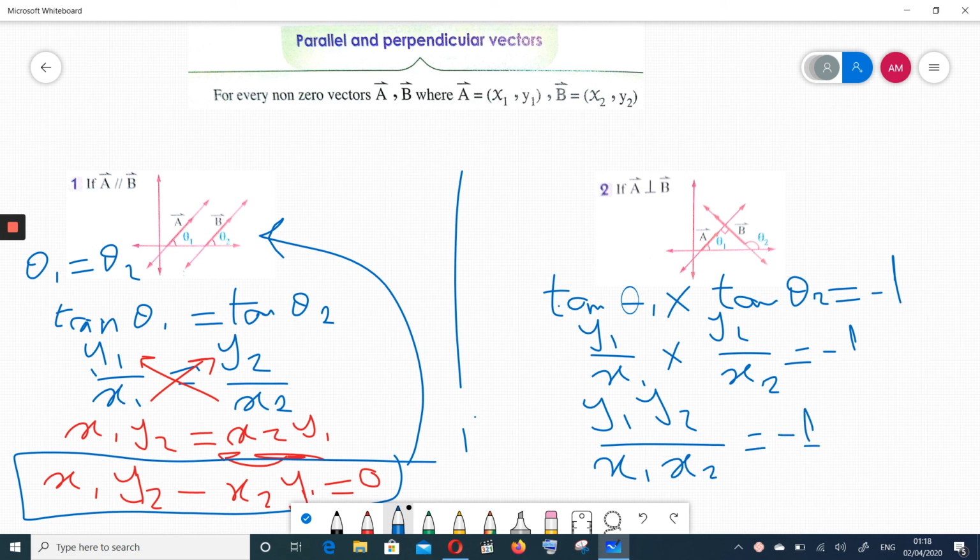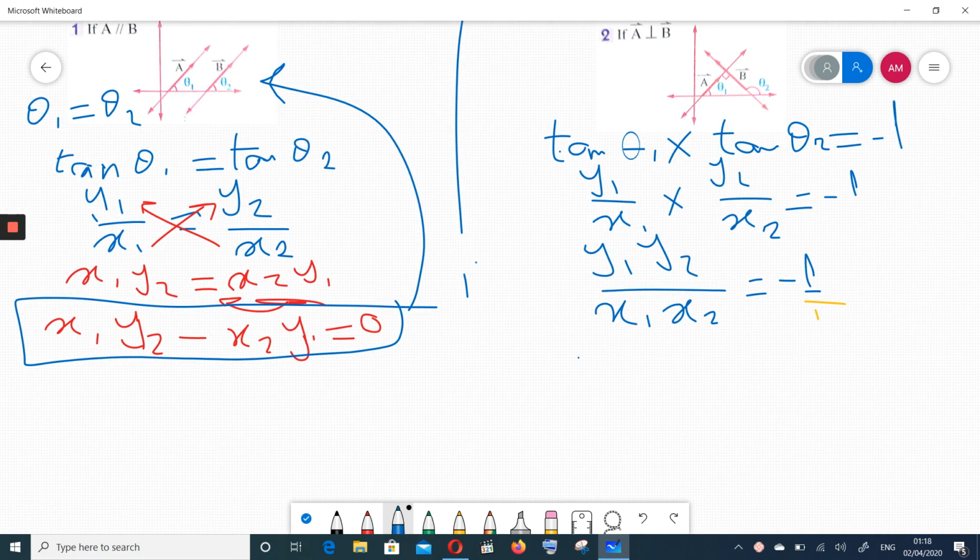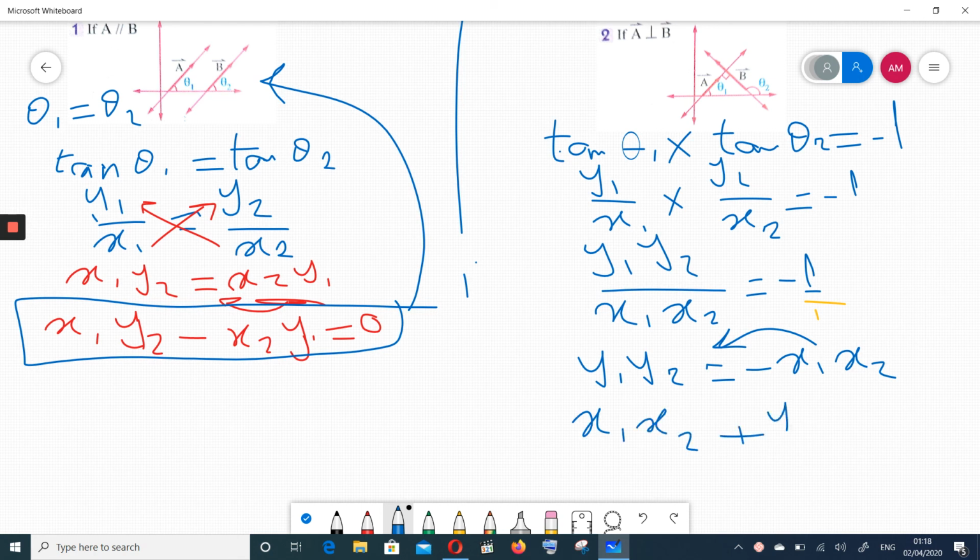And we know any whole number has a denominator of 1. So y1 y2 equals negative x1 x2. This is negative, we take it to the other side to be positive. So x1 x2 plus y1 y2 is going to be 0, and vice versa.